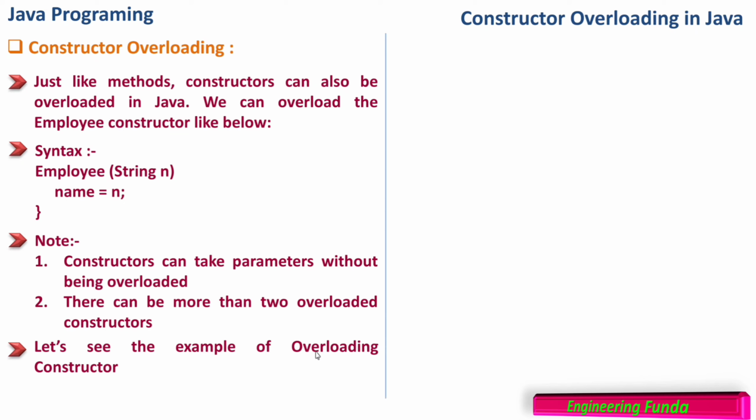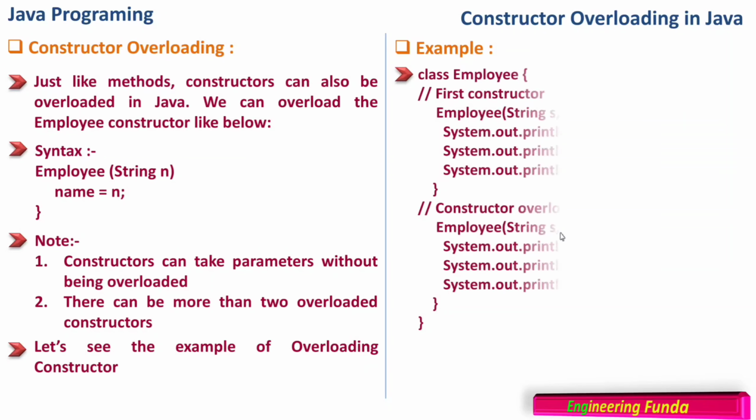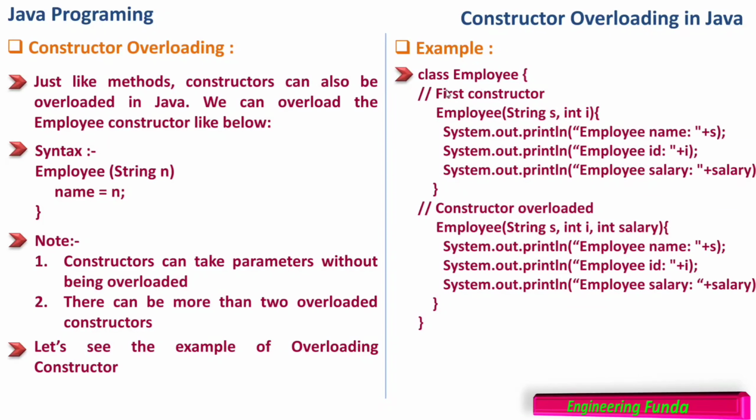Let's see this example of constructor overloading. So here is this Java program. Here you can see that there is a class with the name employee. The first constructor is employee with string s and integer i.